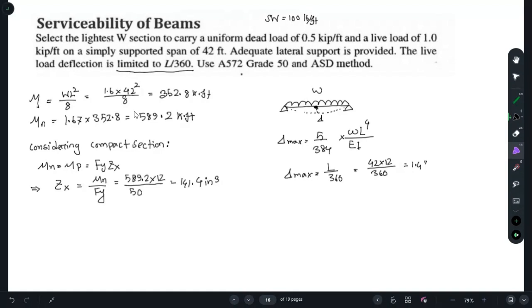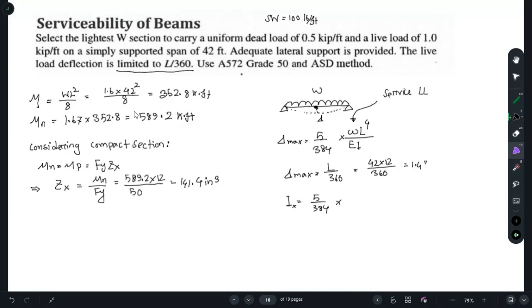So from here we can find out the value of I, which is the moment of inertia, and that is about the strong axis. So the I value would be 5 over 384 times W, and this W is for service live load only, no other load.